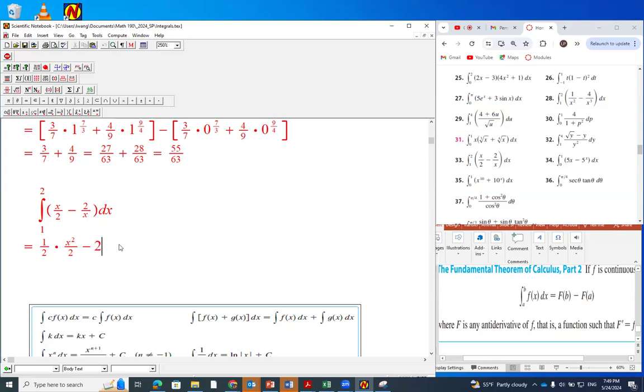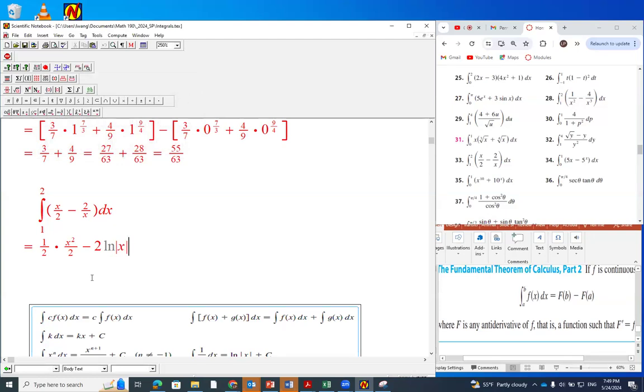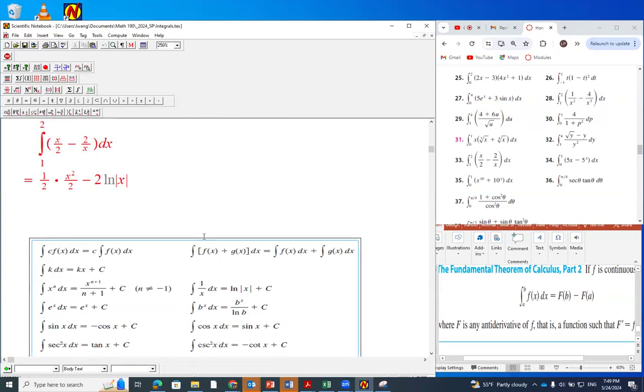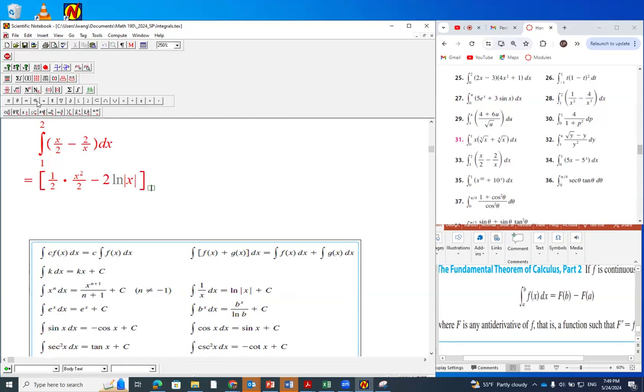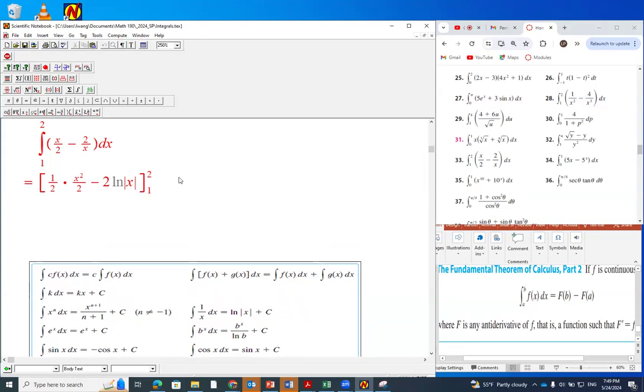You can put the 2 outside, and the antiderivative of 1 over x is ln absolute value of x. Do we add a constant? No, we don't, because it's a definite integral. So once again, you can use this notation, the lower limit is 1 and the upper limit is 2.